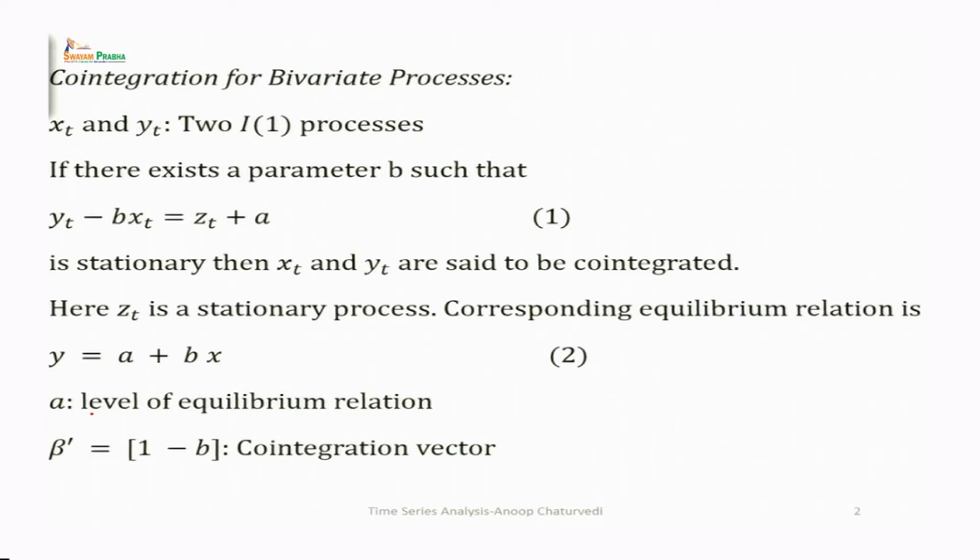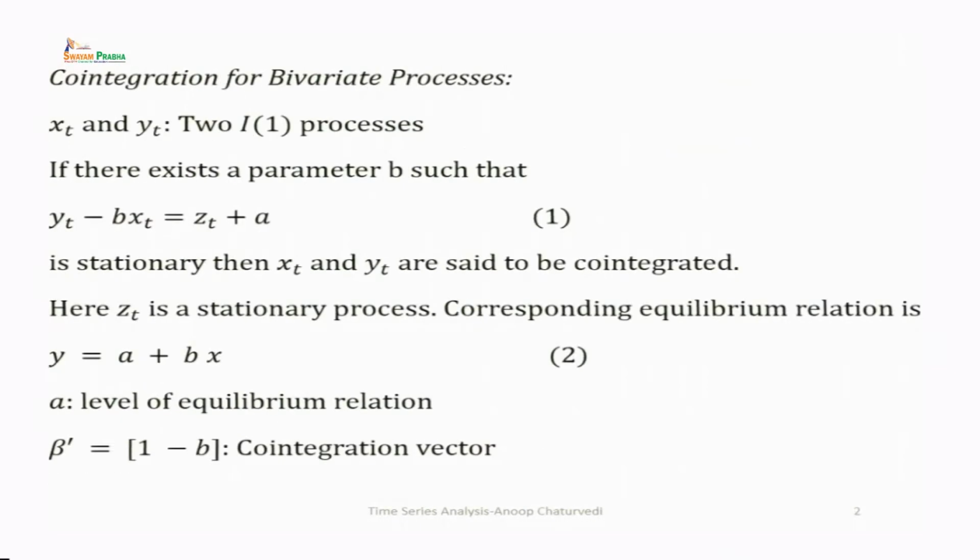A is called the level of the equilibrium relation, and suppose you take this 2 cross 1 vector beta, so that beta transpose is equal to (1, minus B), then this is called the co-integration vector.